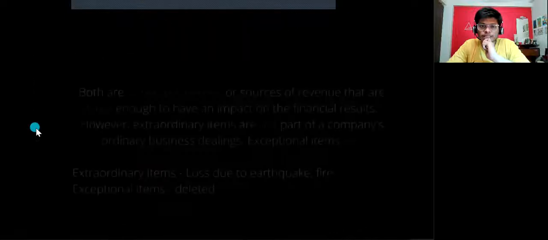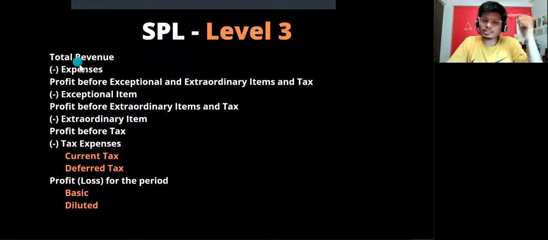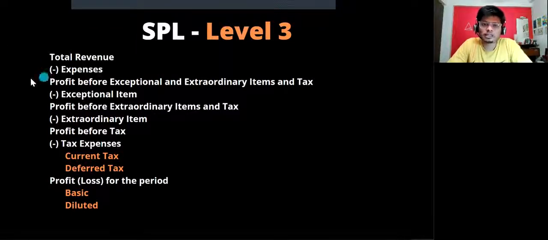So just to reiterate and give you an entire thing, we figured out what total expenses are. Total revenue is revenue from operations plus other income. So remember, because I'm doing this level 3 and stuff, you have to present everything that is there in the schedule. I'm just doing level 1, level 2, level 3 just to explain it progressively, so that you get the logic behind it.